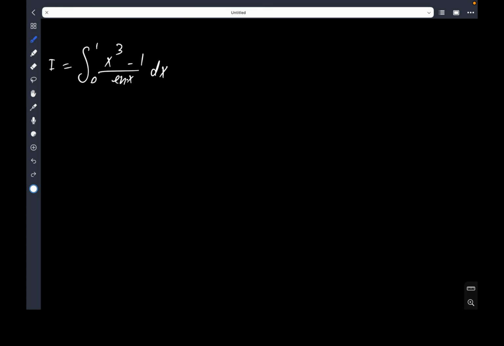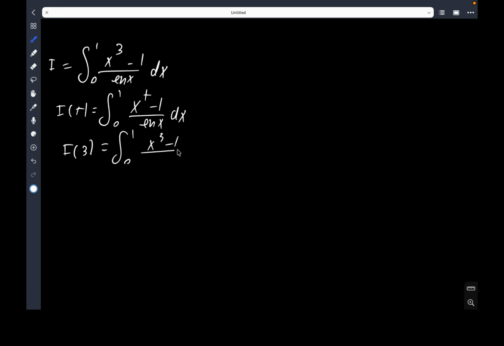So I can see here that if I could suppress and manipulate the inside of this integral somehow, it would have been very great. Therefore, I'm going to use a trick. I'm going to define I of t as the integral from 0 to 1 of x to the t minus 1 over natural log of x. And if I find I of 3, I'm going to be able to find the integral that I want here.